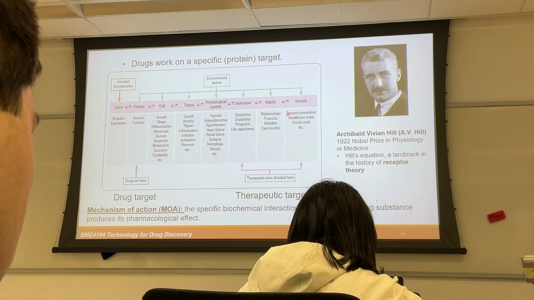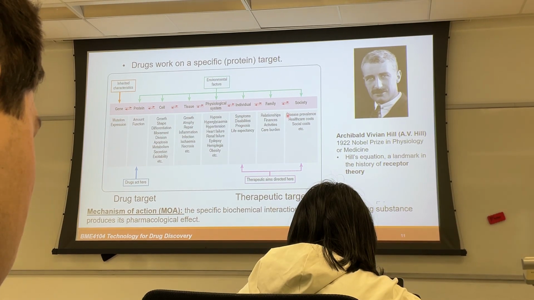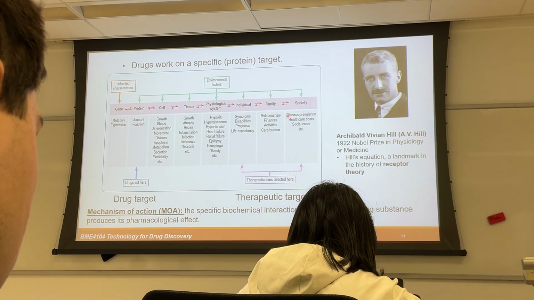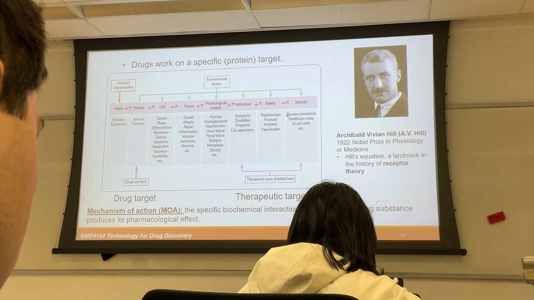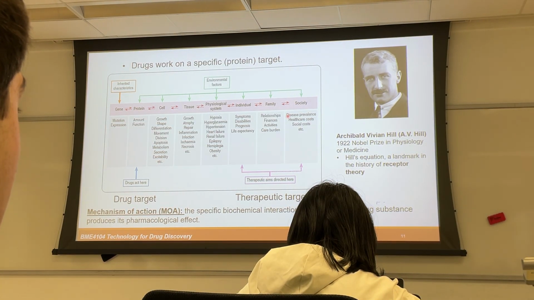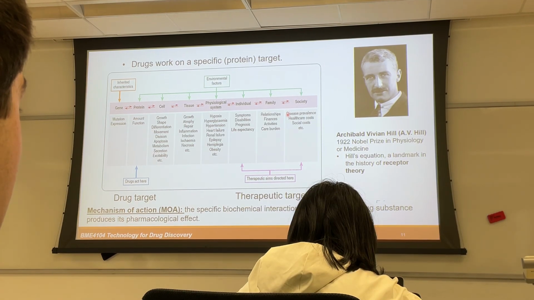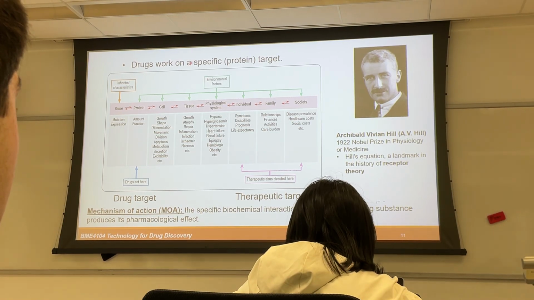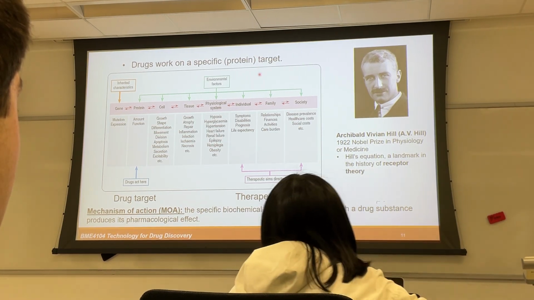That's because they didn't have enough biology knowledge. How a drug works requires a lot of fundamental-level progress in physiology and biology, and understanding of that. What do I mean by this? It's because drugs usually work on specific protein targets.